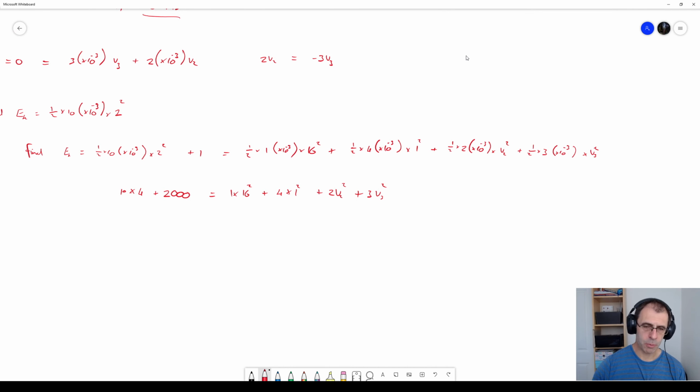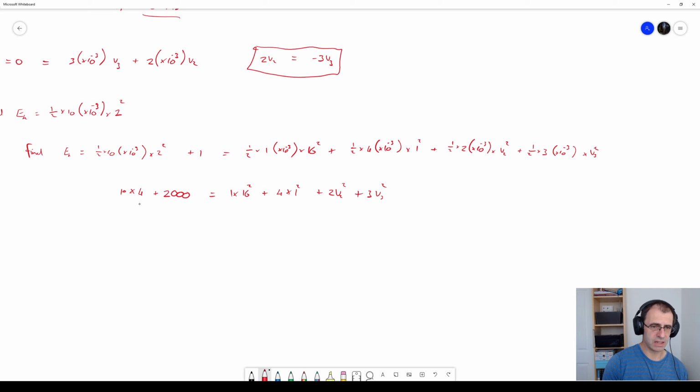Now at this point, all I need to do, hopefully, is sub in from my conservation of momentum expression, sub into this conservation of energy expression and get something neat.